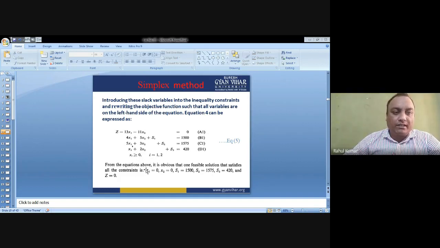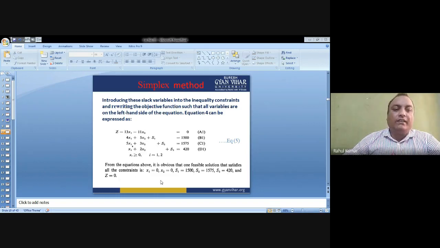From the equations above, it is obvious that one feasible solution that satisfies all the constraints is x1 equal to 0, x2 equal to 0, then S1 equal to 1500. Similarly, S2 equal to 1575, S3 equal to 420, and Z equal to 0.